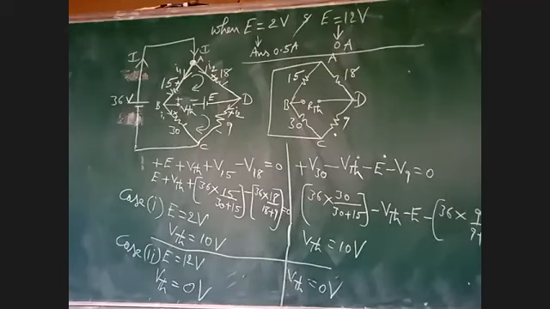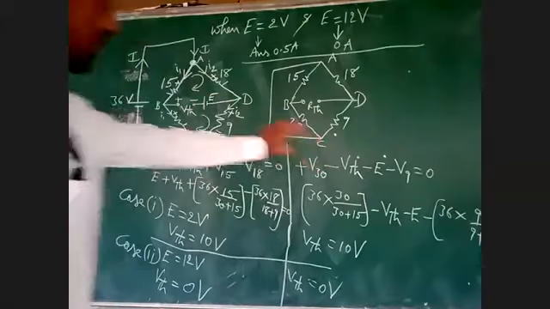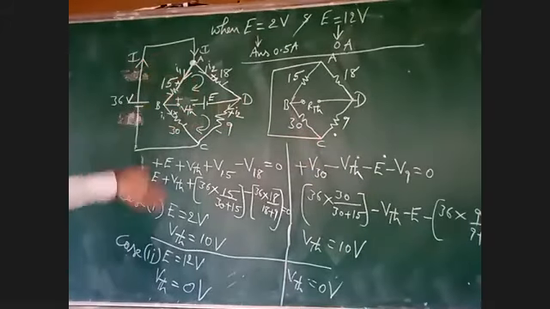In both sides, you will get 0. In the exam, you can take only one equation, either this equation or that equation, either the upper loop or the lower loop. You will get the same answer.